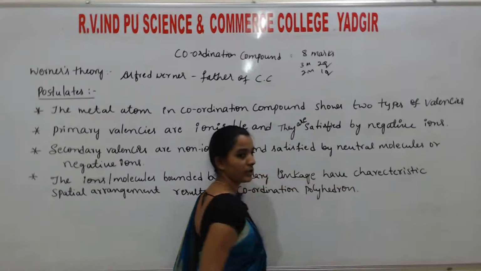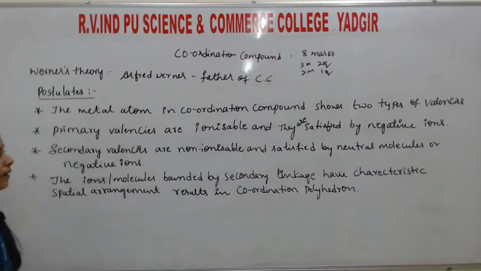Polyhedron means different structures. So these are all the postulates of Werner's theory.